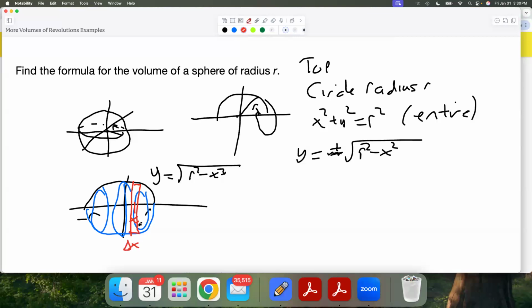As soon as I decided I was doing disks along the x-axis, I forced everything to be in terms of x. Then the volume of one of those disks is pi r squared times the thickness. So the volume of that disk is pi r squared times delta whomever we're talking about.